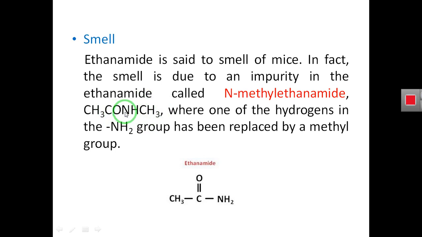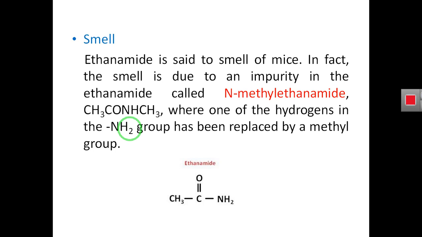So this N-methyl ethanamide, formed from ethanamide, has a characteristic mousy smell because of the one methyl group that we consider as an impurity. What is an impurity?